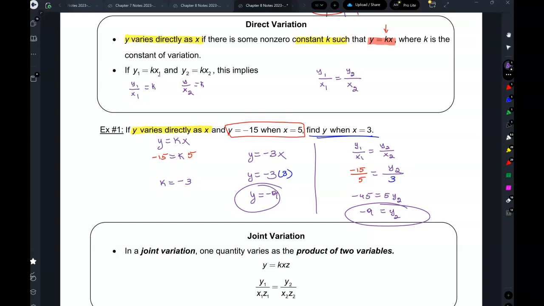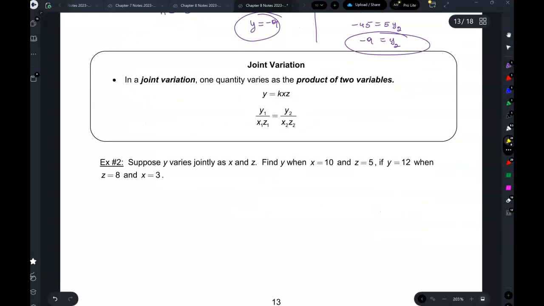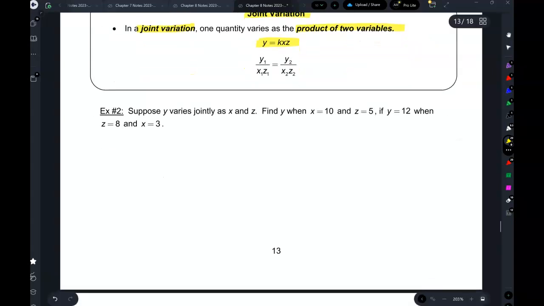Now, what if you have what we call joint variation? Joint variation is when one quantity varies as the product of two variables. For joint variation, this is the formula: y equals k times xz. Take a look at this example.